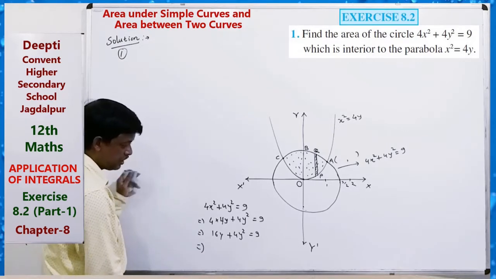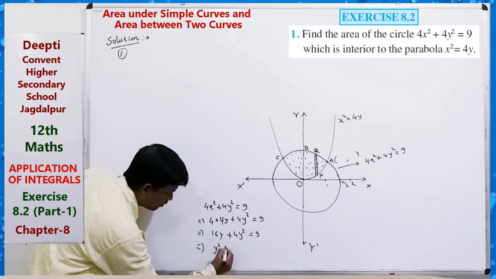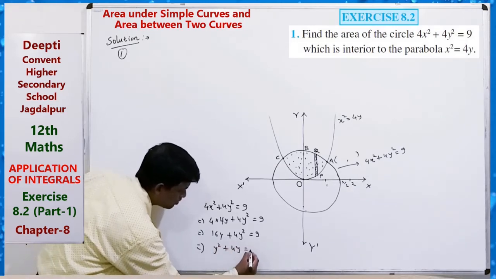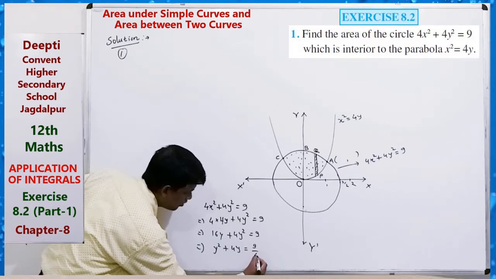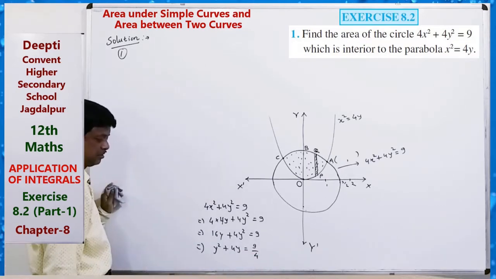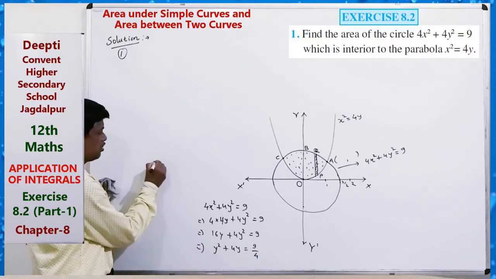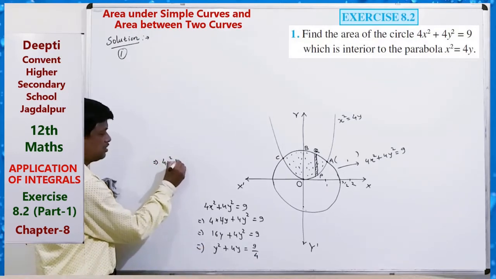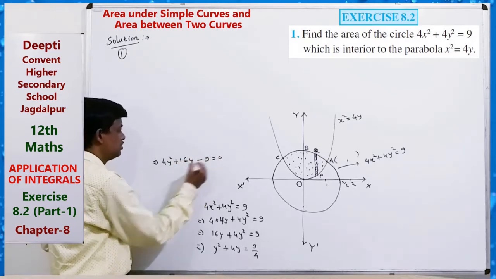Or we can write it as 4y square plus 16y minus 9 equals 0.